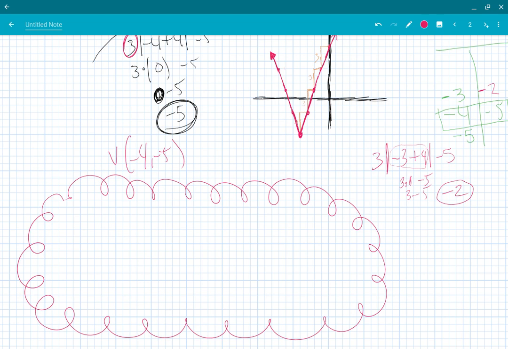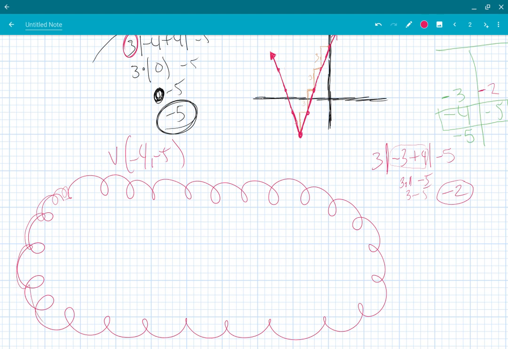Quadratics are always 1, 3, 5, 7. So they get bigger and bigger. So if you do that little piece, I'm curious to know which students are just copying down my notes and which students are listening. Okay.